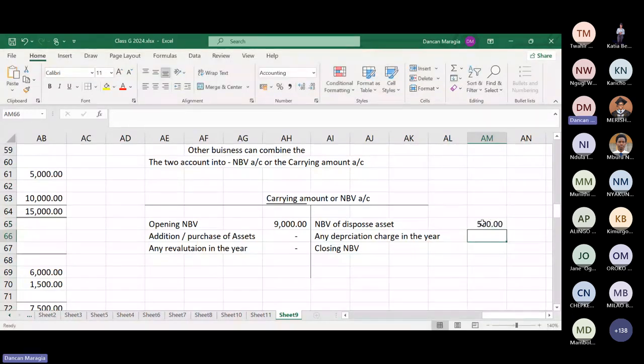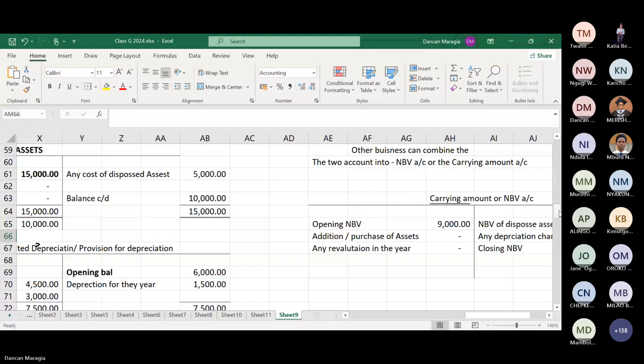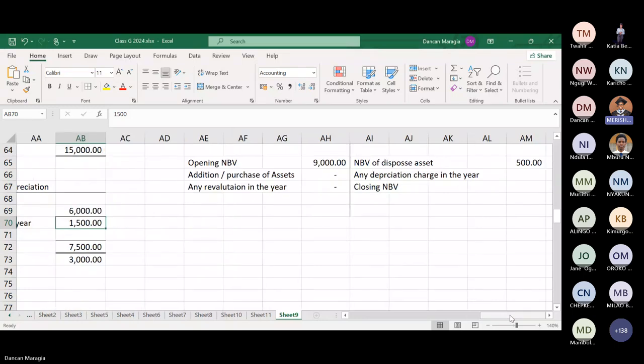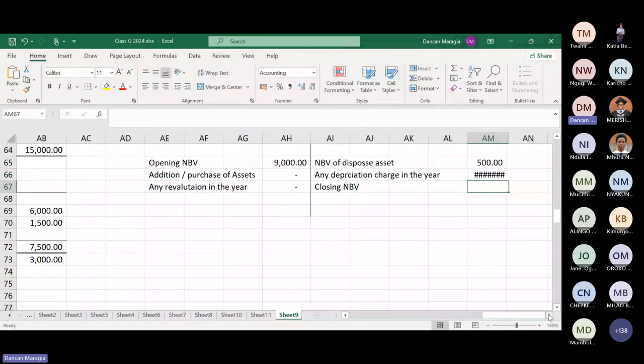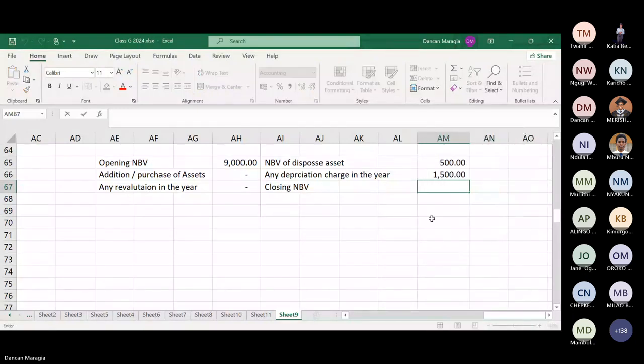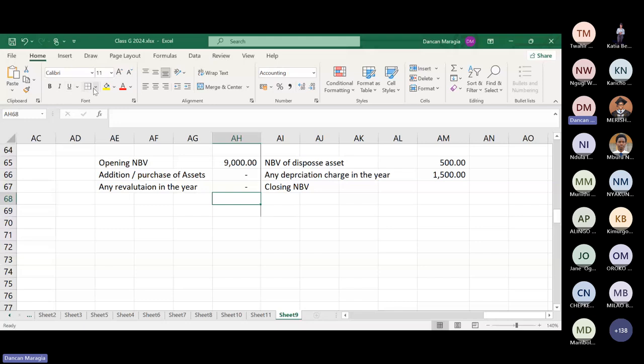What was the depreciation charge in the year for buildings? Depreciation for the year, 1,500. Then now let's close this account and find the closing net book value.